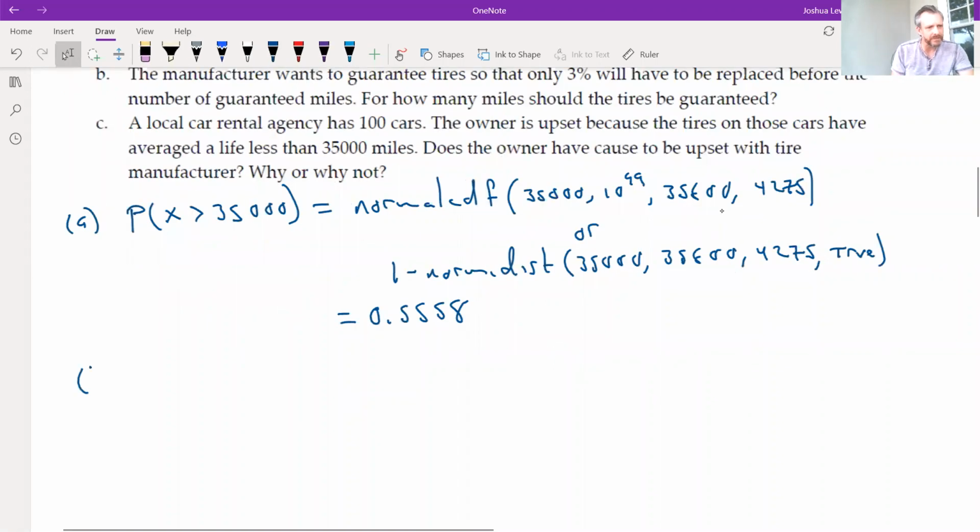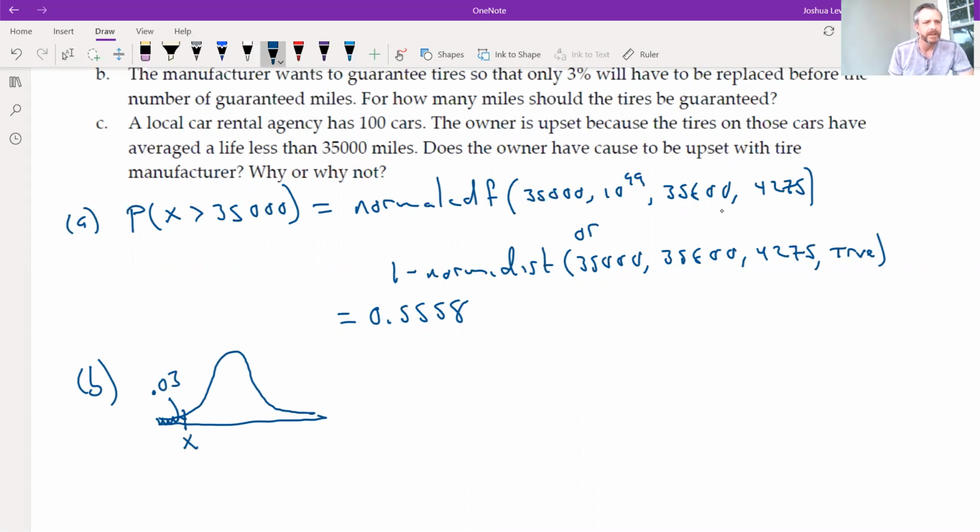All right, part B. So the manufacturer is going to guarantee tires in the bottom 3%. So we're told that these are normally distributed, and that bottom 3% means that the area down here is 0.03. We want that X value, right? And so to find that X value, we're going to use that inverse norm.